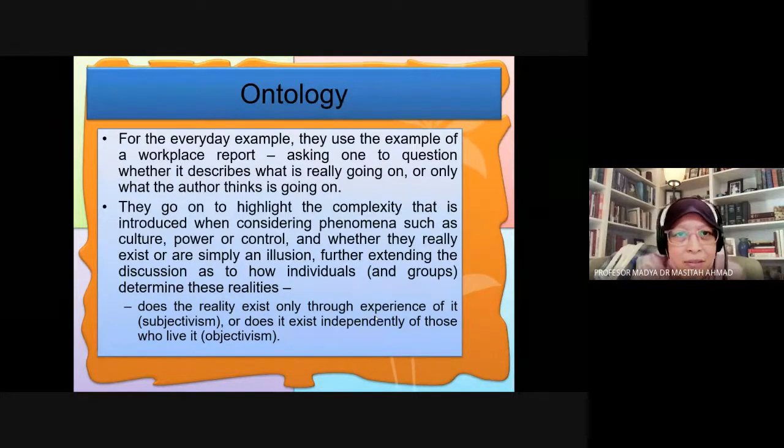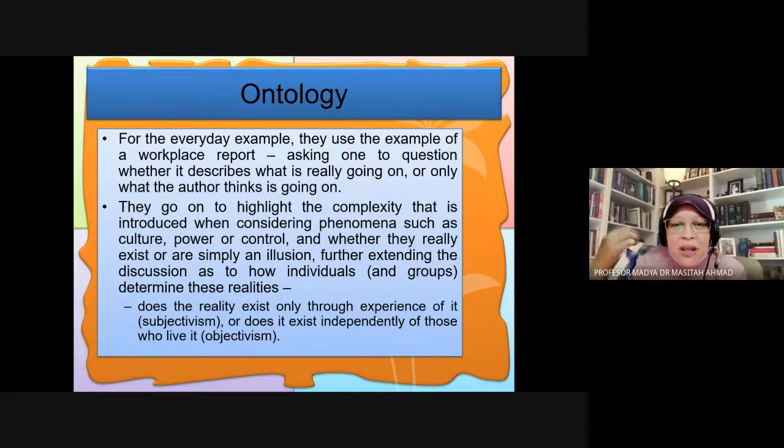More details about this ontology we have here, with everyday examples. They use the example of a workplace report, asking one to question whether it describes what is really going on or only what the author thinks is going on. I actually just gave you examples like shopping and driving.